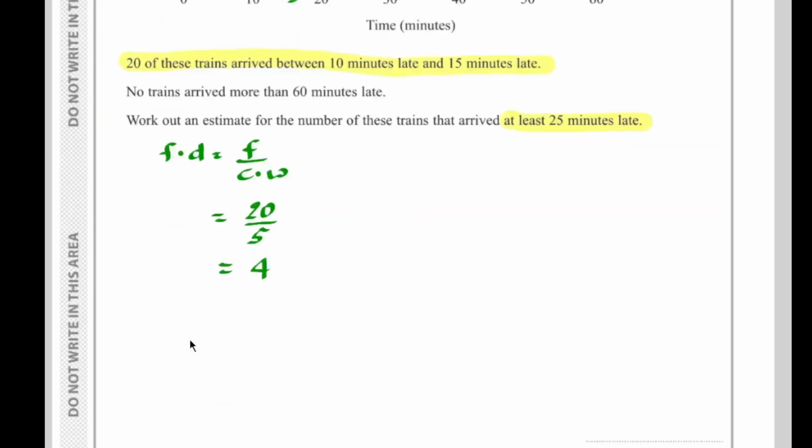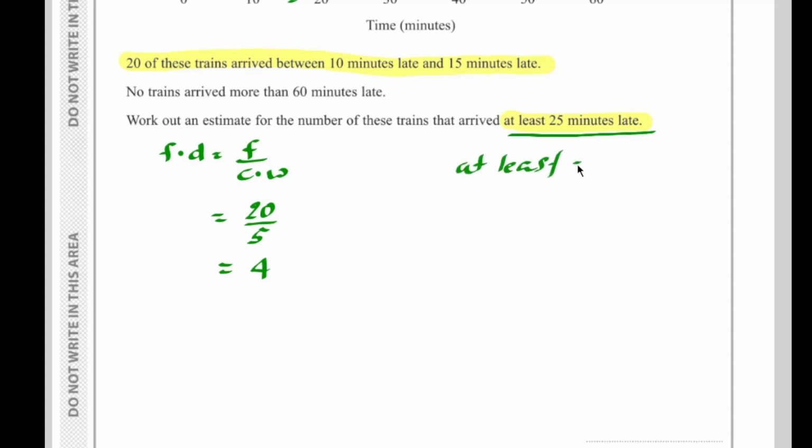Now we need to work out an estimate for the number of these trains that arrived at least 25 minutes late. Remember, at least 25 minutes late means this minimum one can be 25. So 25 or more than 25. At least is important.